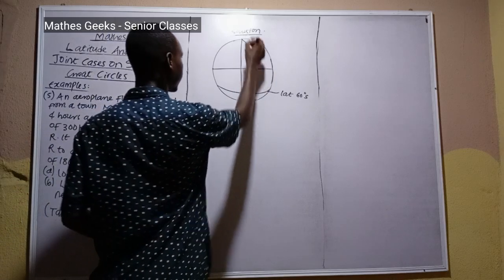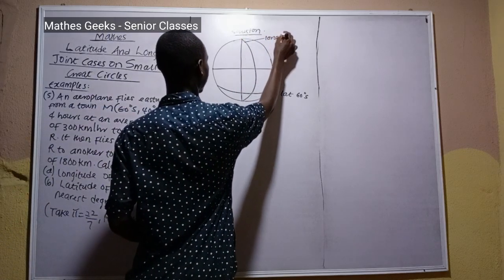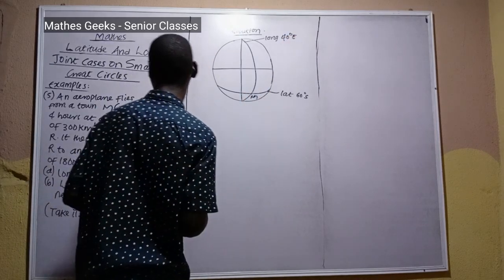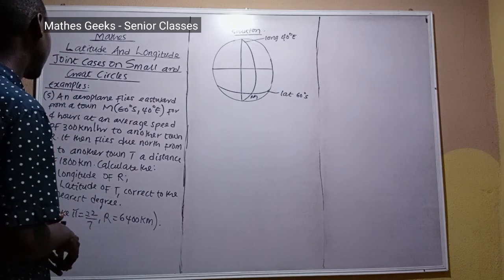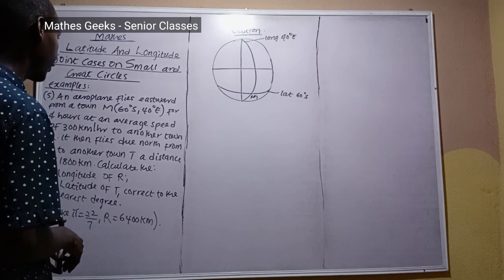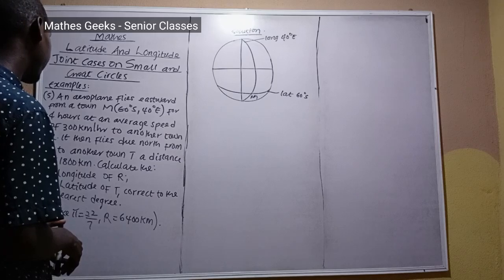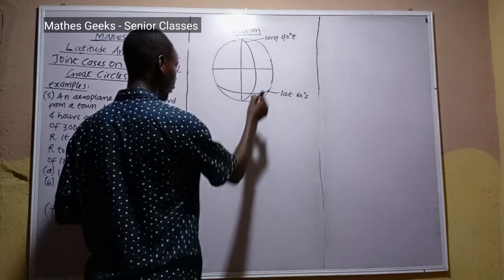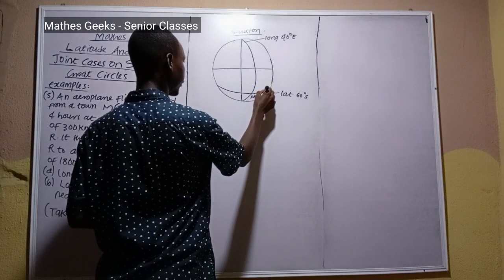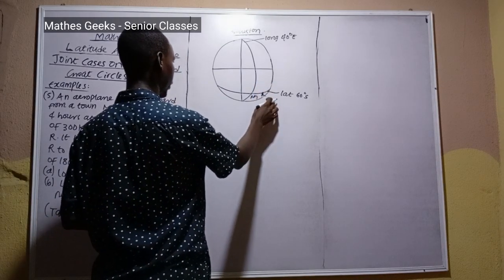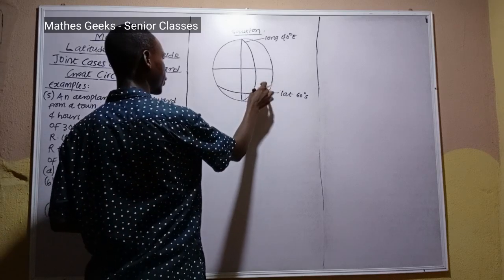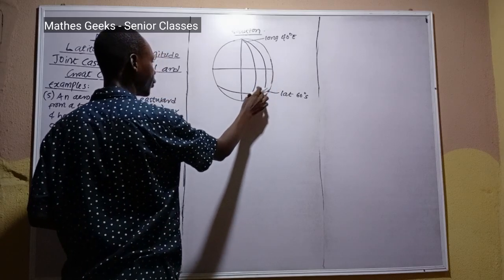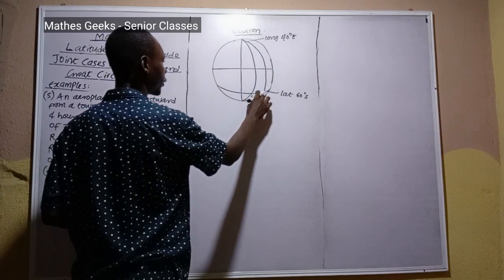The aeroplane flies eastward from town M for 4 hours at an average speed of 300 kilometers per hour to another town R. So it flew eastward, so point R is still on the same line of latitude, but eastward. So we're going to look for the longitude of this point R.